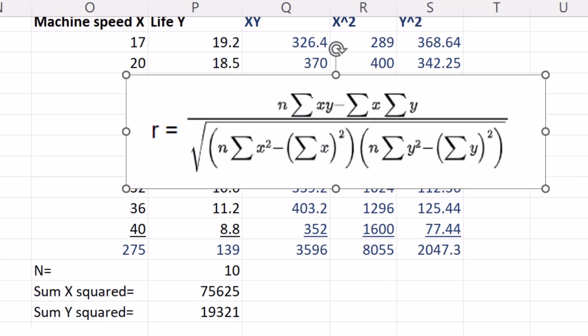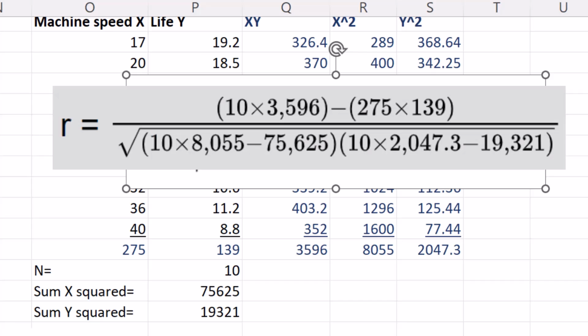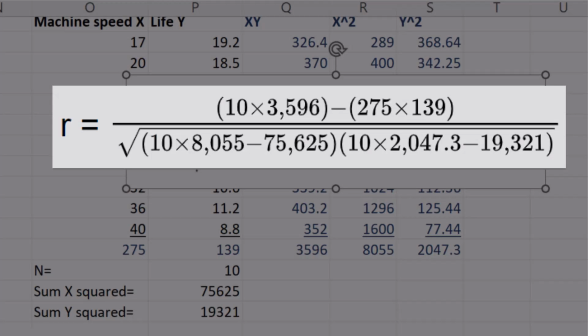I've shown you how to calculate all the variables. I've shown you now how to plug the variables into the formula. Let's look at the formula with those figures inserted into the correct places. At this point, it might be a good idea to pause the video and retrace the figures from the spreadsheet into the equation.